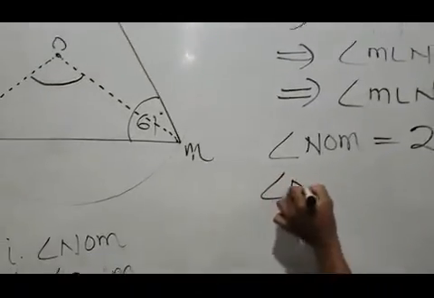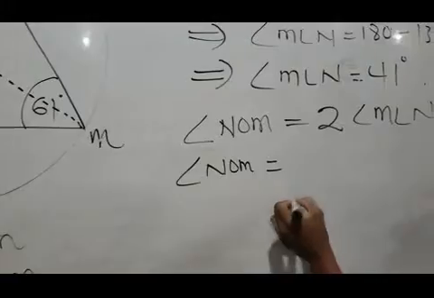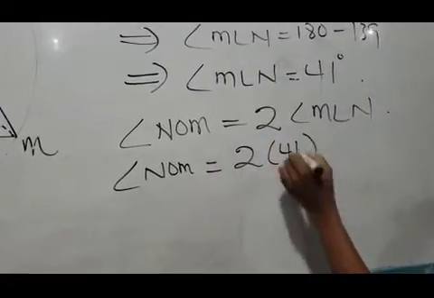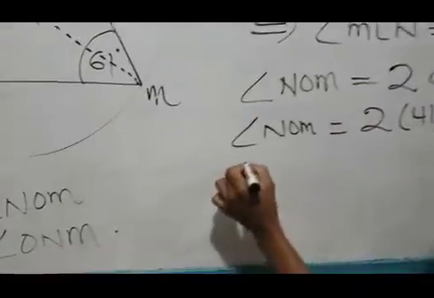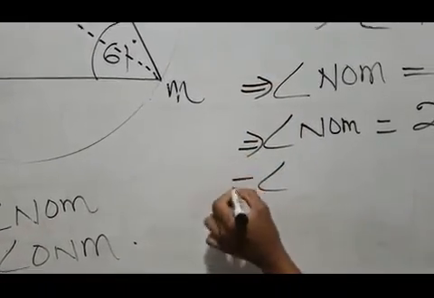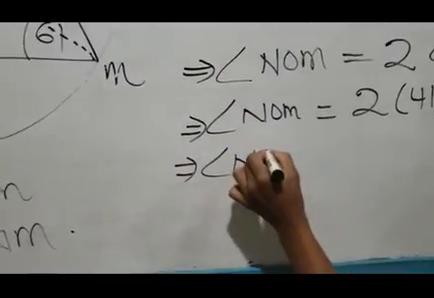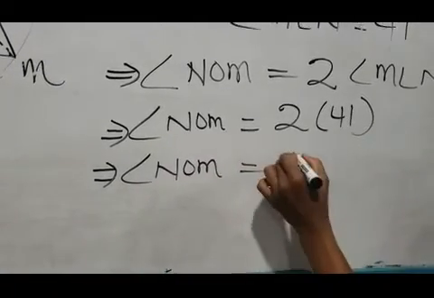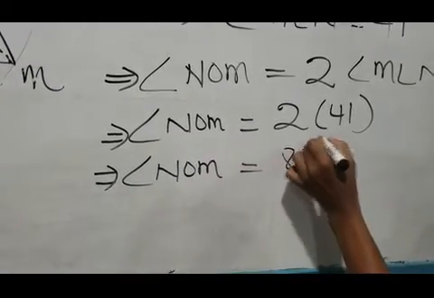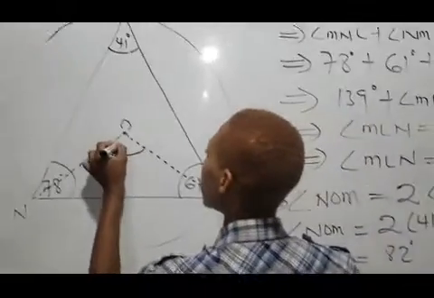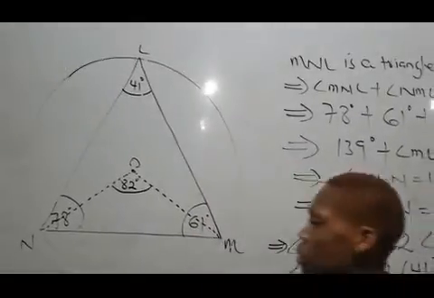So angle NOM is equal to twice 41. 2 times 41 will give us 82 degrees. The angle at the center here is 82 degrees.